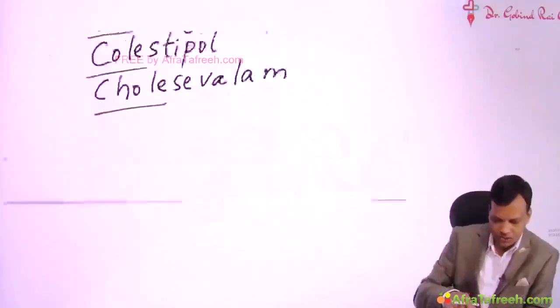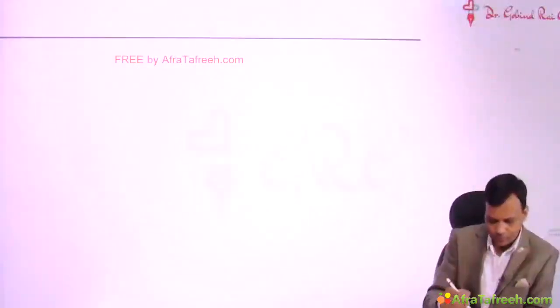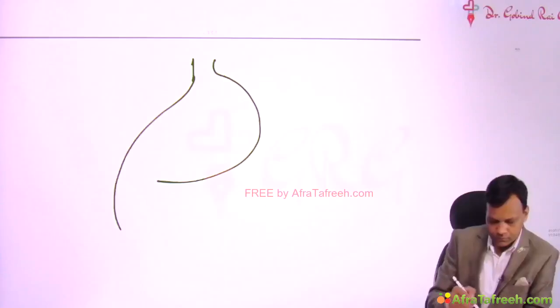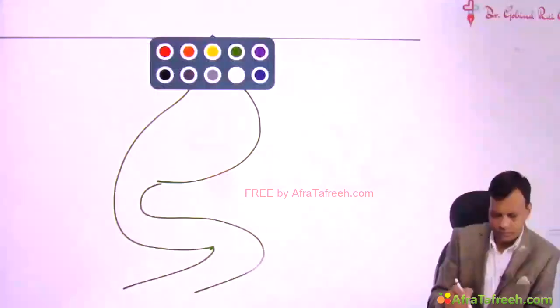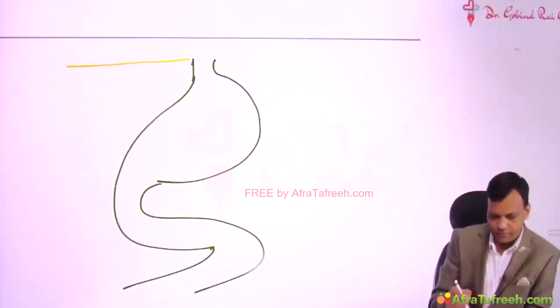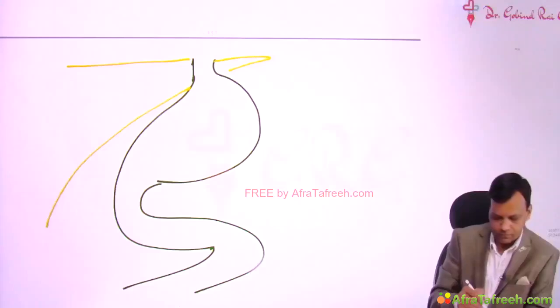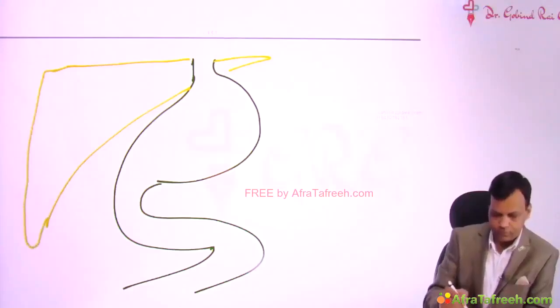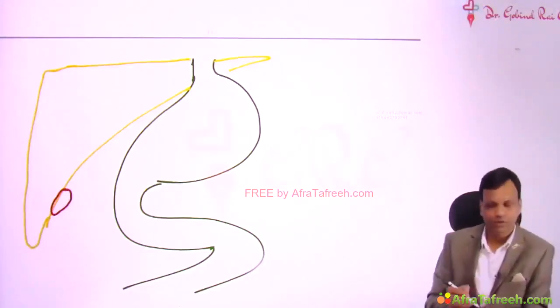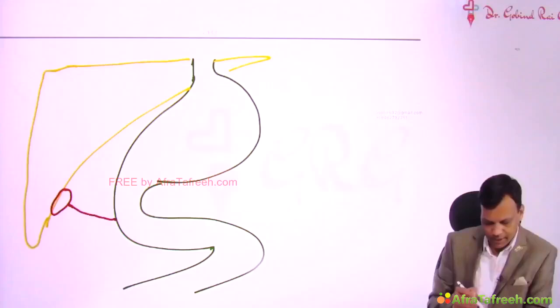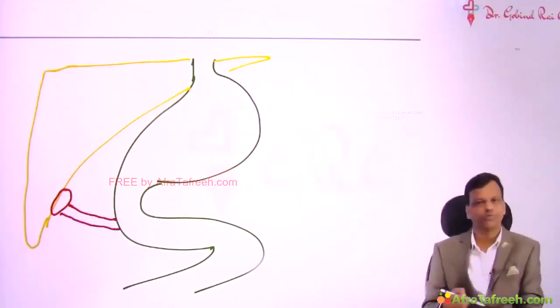Now how these drugs work: this is our GIT, this is the liver, this is our gallbladder. The bile is drained through the gallbladder into the duodenum through the bile duct.